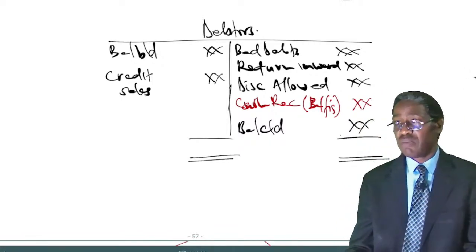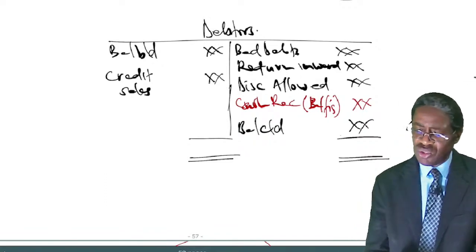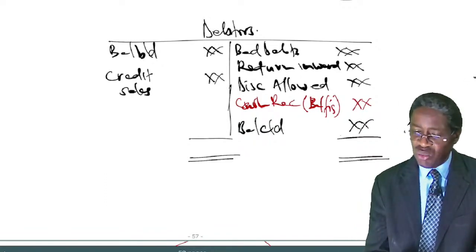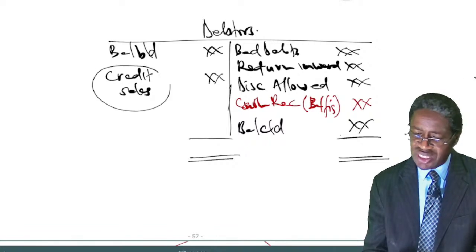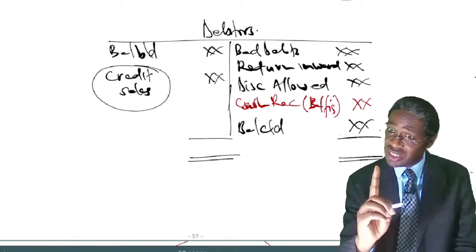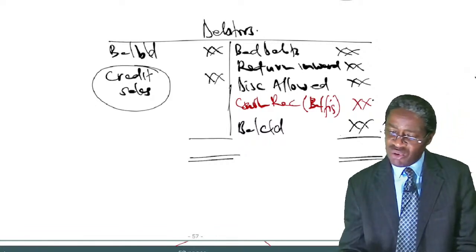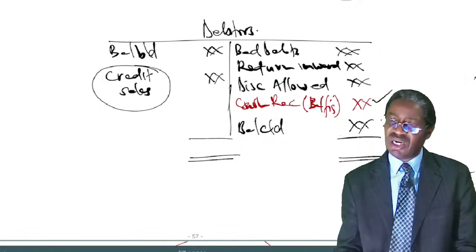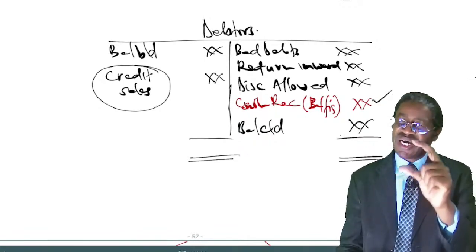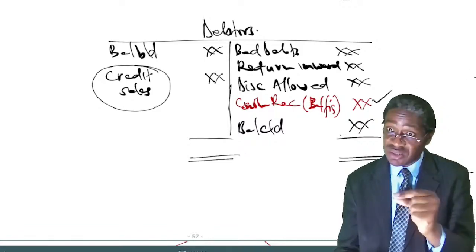Listen, when I use credit sales on the debit side, then it means that the cash I'm going to get here as a balancing figure will be the cash I'm receiving from debtors.